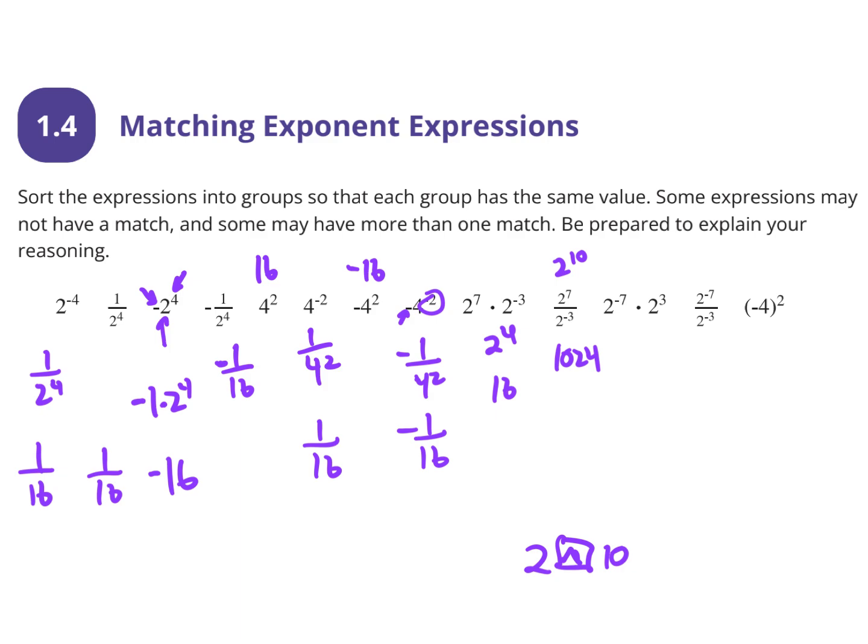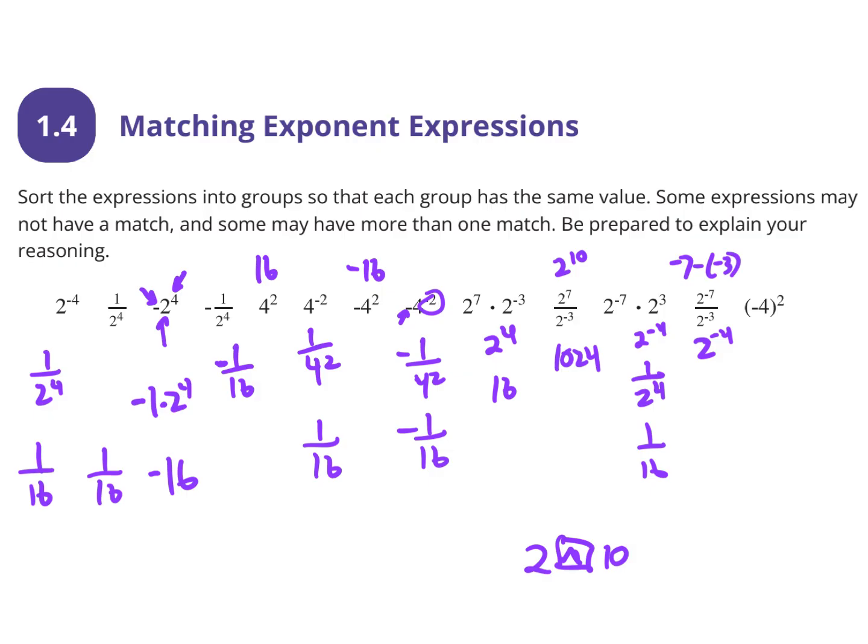-7 plus 3 is -4. That's 1 over 2 to the 4th, which is 1 over 16. Negative 7 plus 3 is, again, negative 4, 2 to the negative 4. Oh, so let me show you what I did. Negative 7 minus a negative 3.